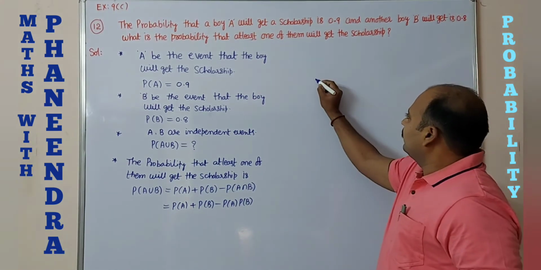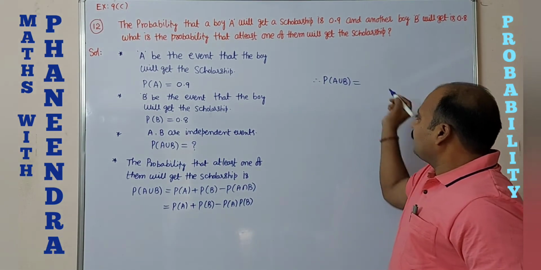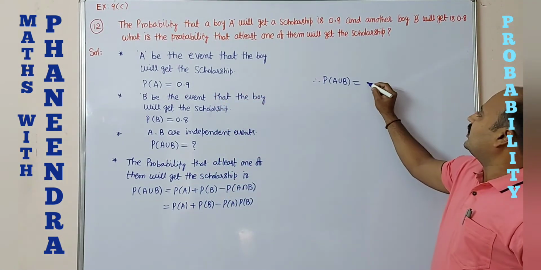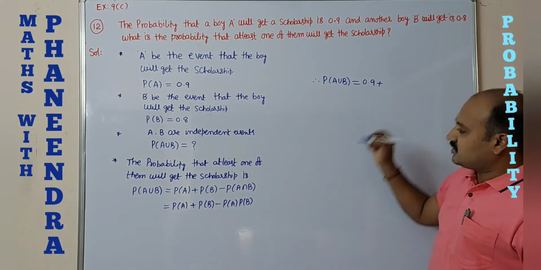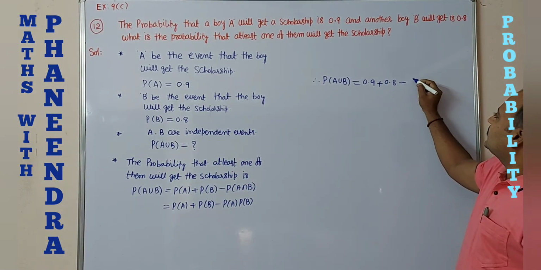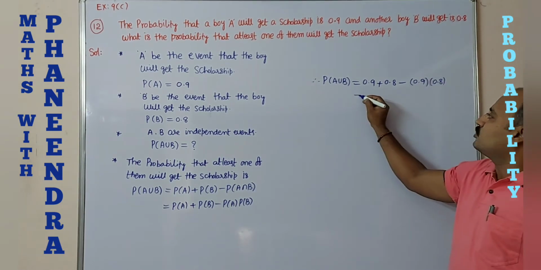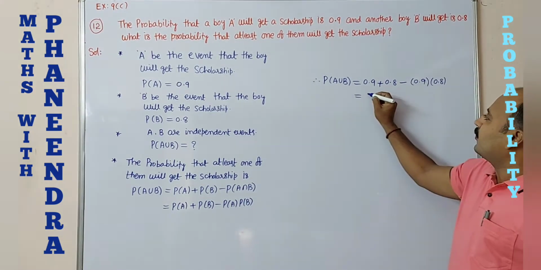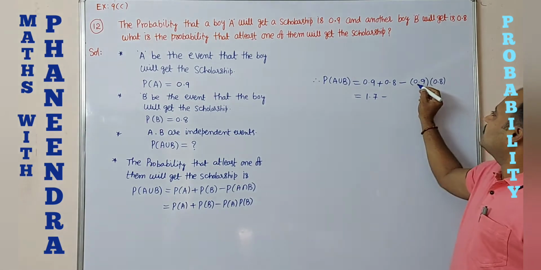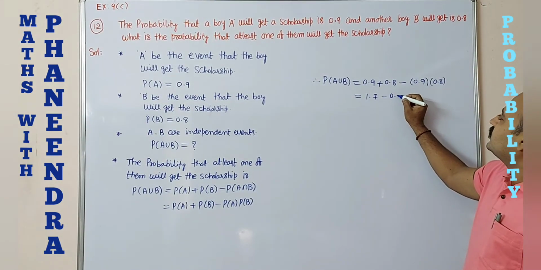Therefore, P of A union B is equal to P of A value 0.9 plus P of B value 0.8 minus 0.9 into 0.8. So 0.9 plus 0.8 is 1.7, minus 0.9 into 0.8, which is 0.72.